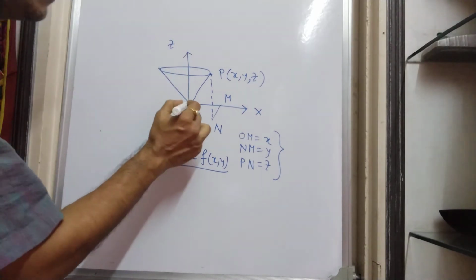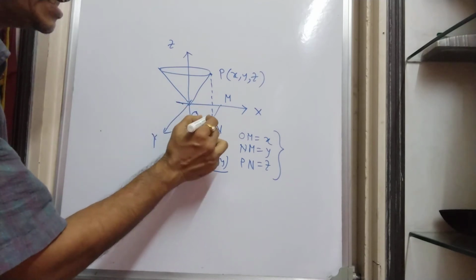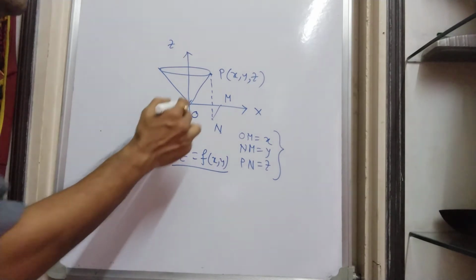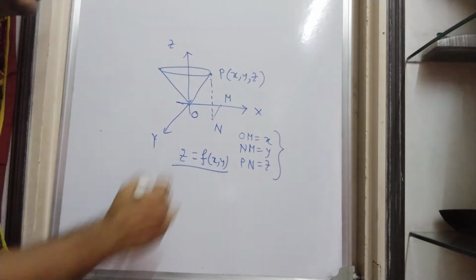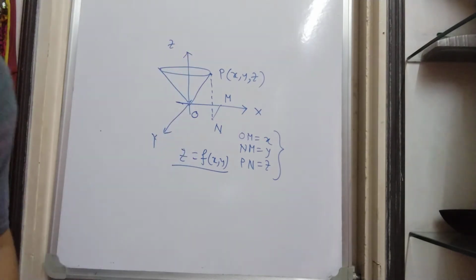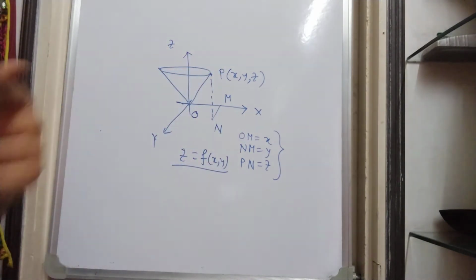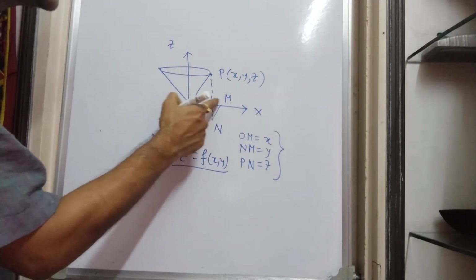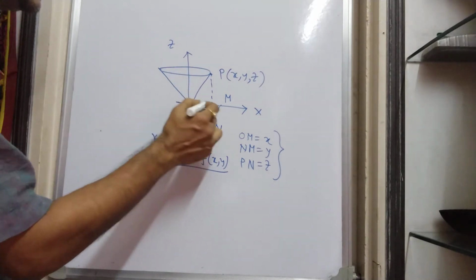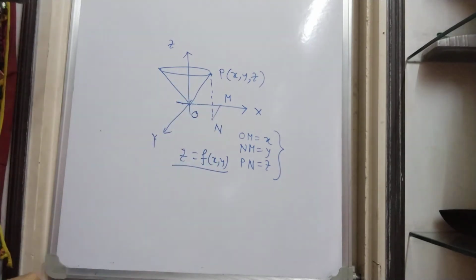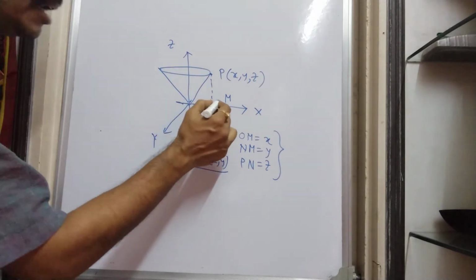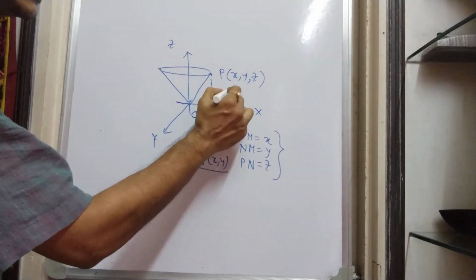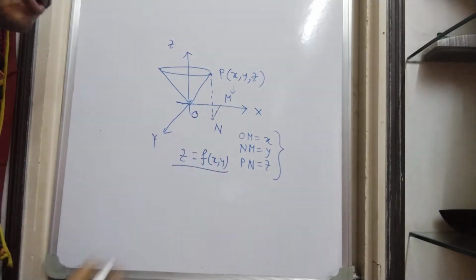Or we may travel from this origin straight away to N and then rise up to P, or we may travel along this guard wall of the cone, or boundary wall of the cone, to reach P. Just note that while we travel along the x-axis, only the coordinate x changes and the values of z and y are both 0 along this path. While when we travel along MN, the value of the coordinate x is fixed as small x throughout MN.